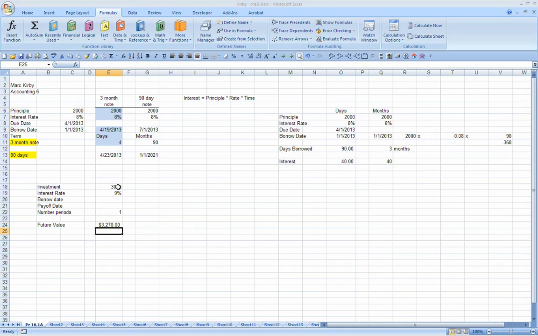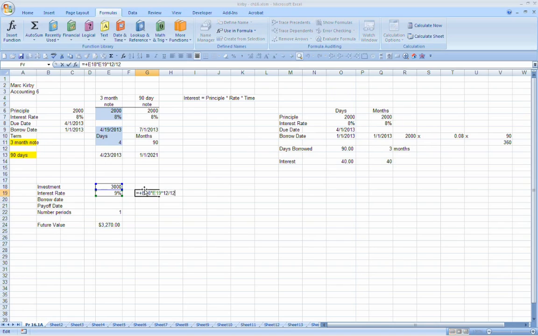So for 1 year, the interest on $3,000 at 9% is $270. Let's do the math. Plus 3,000 times 9% times 12 months divided by 12 months, right? $270. There we go.